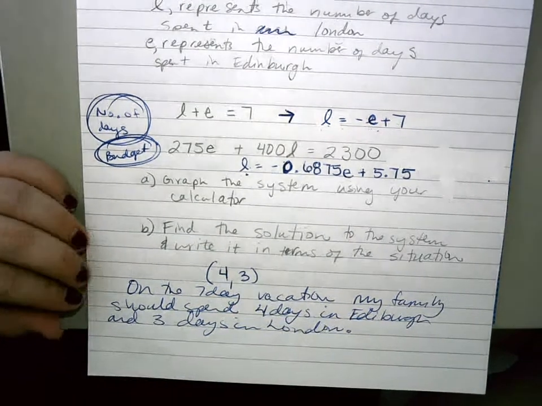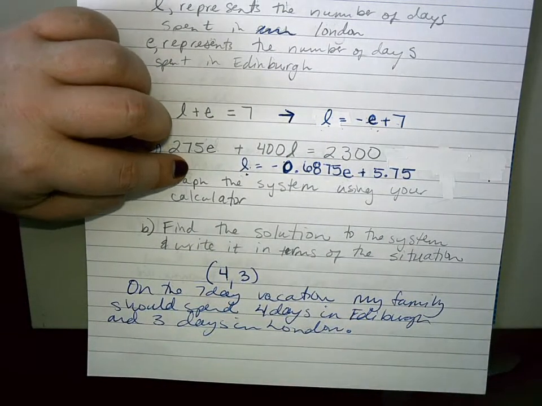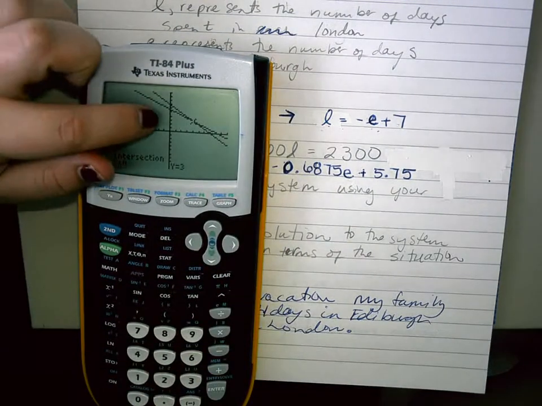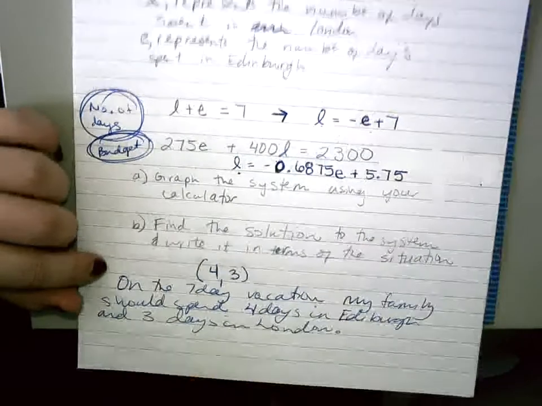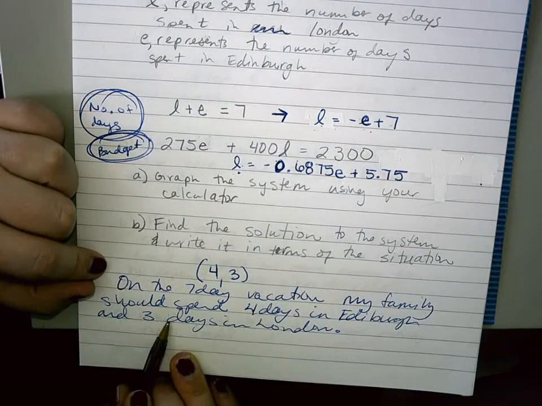There we have graphing the system, finding the solution on the calculator, and writing the solution as an answer in terms of the situation.